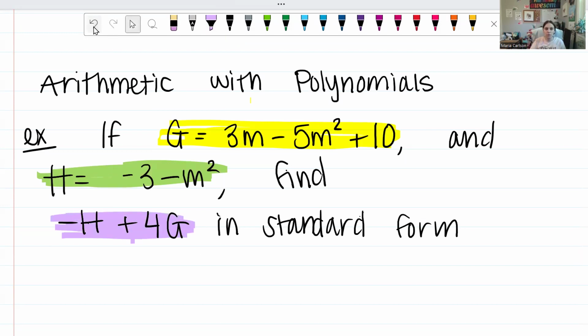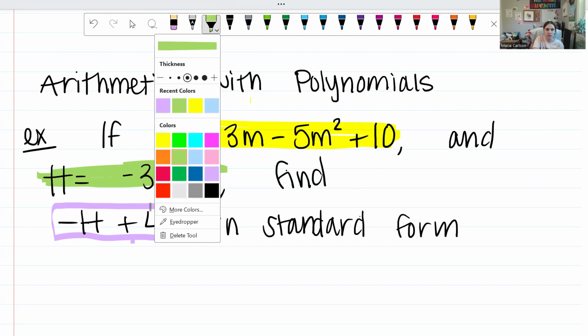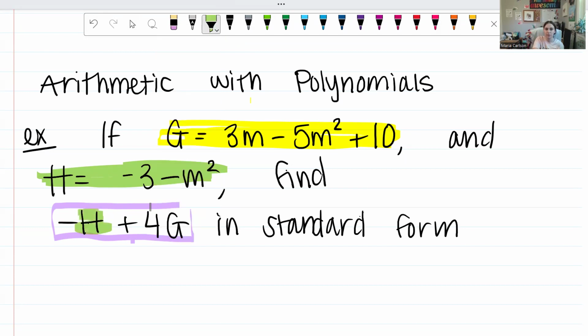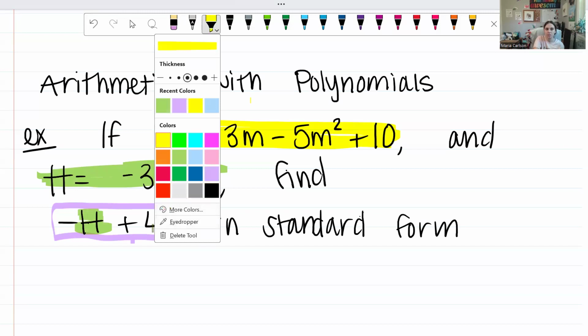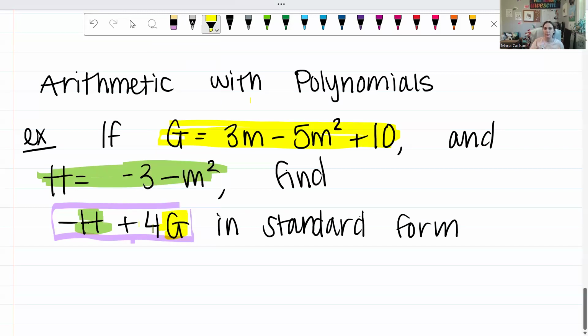So our goal is to use both h and g together. We want to find negative h plus 4g. Now, I know what h is, right? I know that h is negative 3 minus m squared. And I know what g is. I know that g is 3m minus 5m squared plus 10.